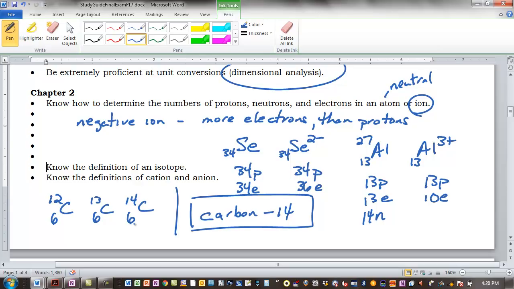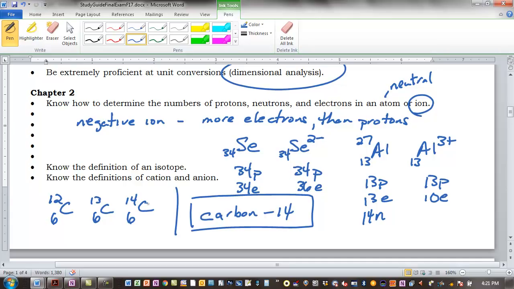Again, it's the protons that identify the element. So those are isotopes. Carbon-12 is the most abundant isotope. It's about 99% of a typical carbon sample. Carbon-13 is close to 1%, and carbon-14 is radioactive, and it's only 0.0001% or something of a sample.